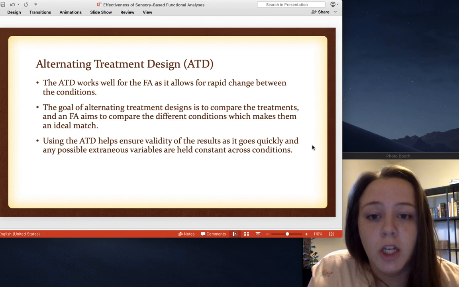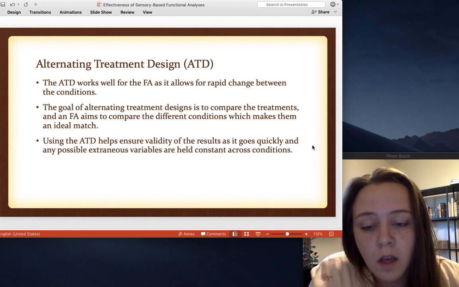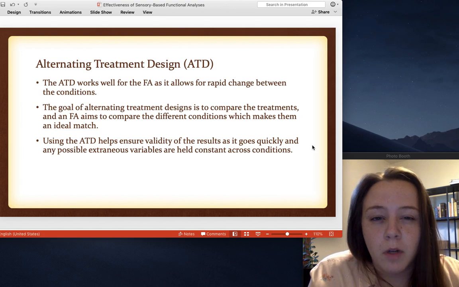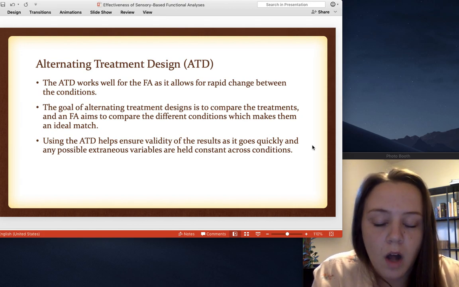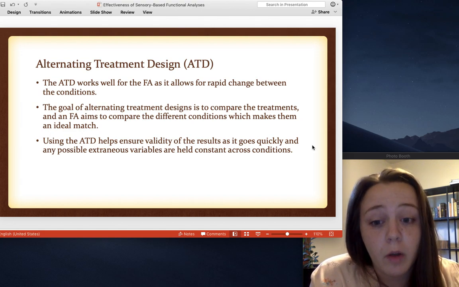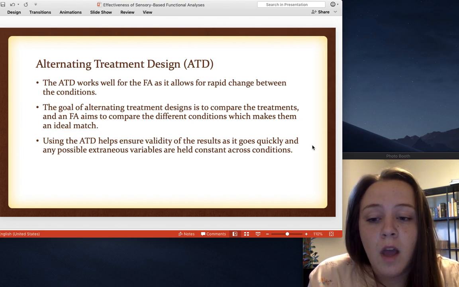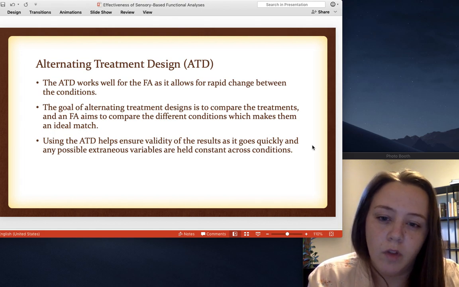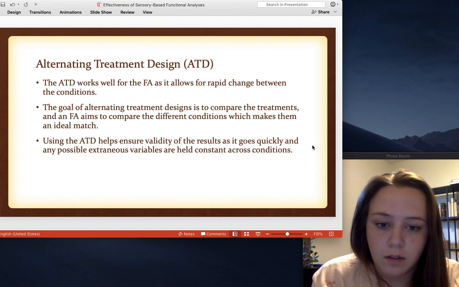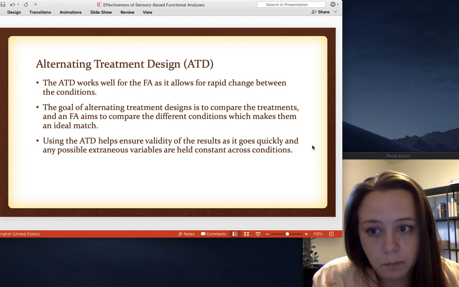Since we're rapidly changing between those different conditions, we are able to pretty much hold constant the extraneous variables, or at least more so hold constant the extraneous variables across conditions, as there's such short time between them that it's unlikely we would have a lot of those change during that session.